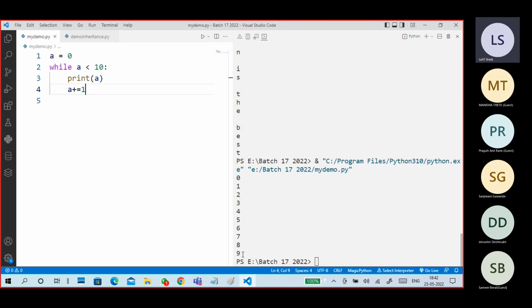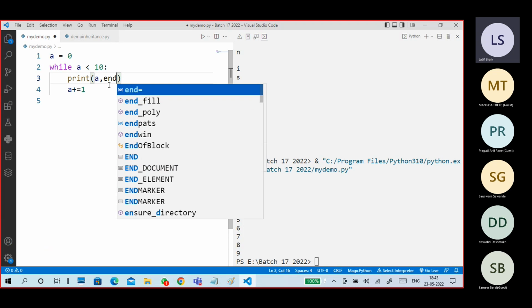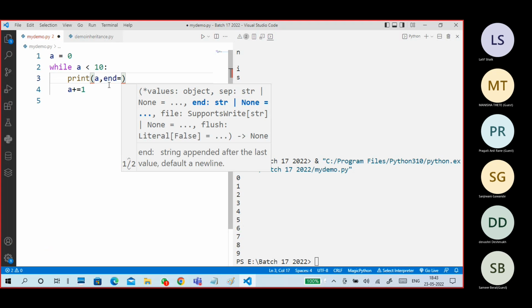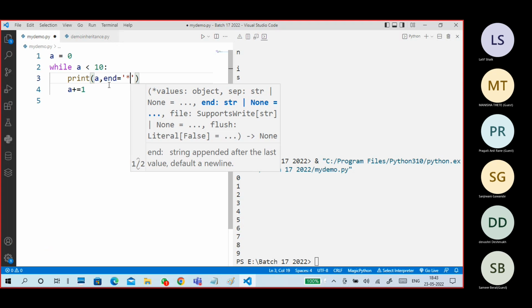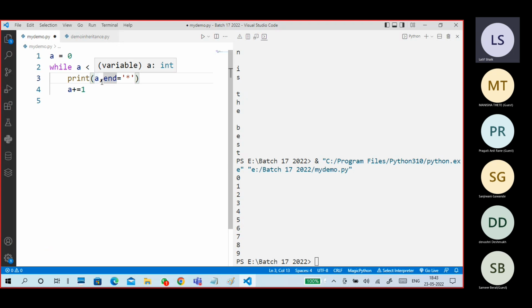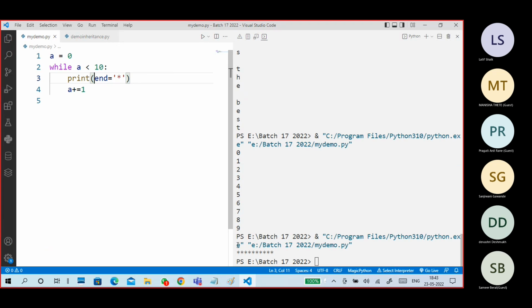Each time you have to print a star instead of a. Star, star, star, 10 stars it is printing.